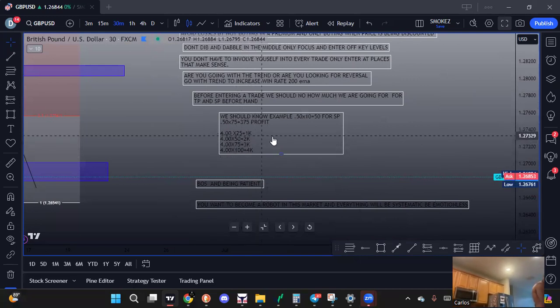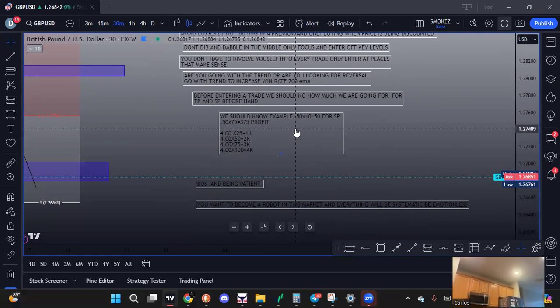If I catch 25 pips, I'm gonna make 1,000. If I catch 50 pips, I'm gonna make 2K. 75 pips, 3K. 100 pips, 4K. So make sure that you have this set in stone before you click buy or you click sell.